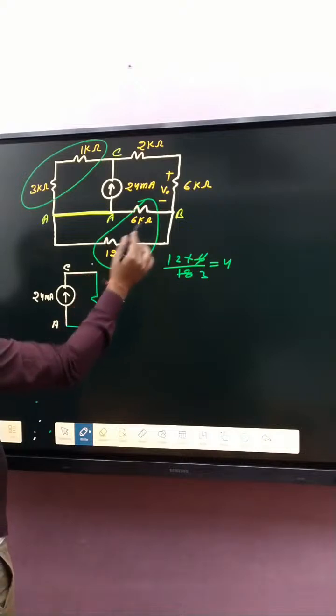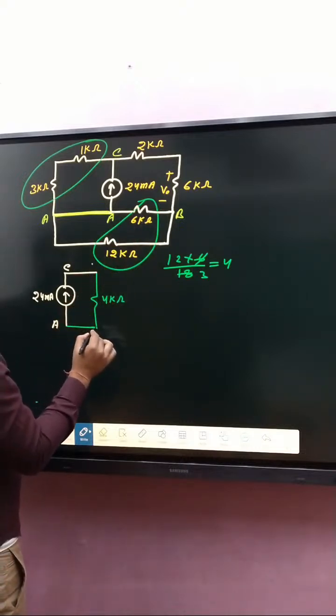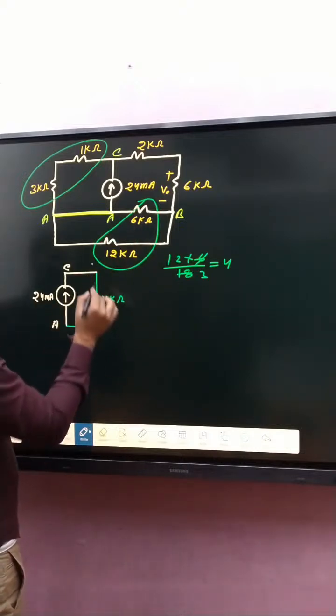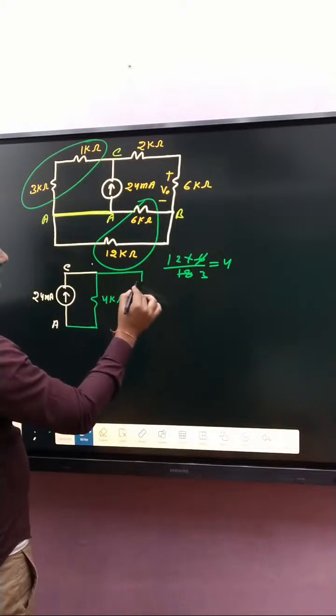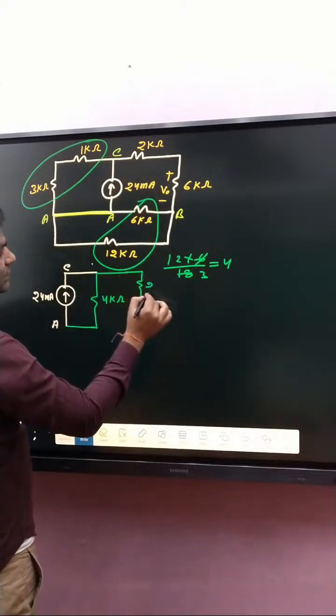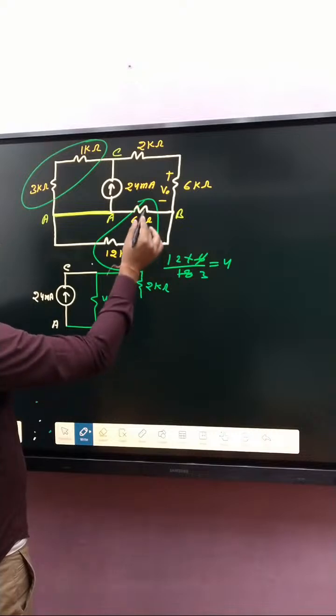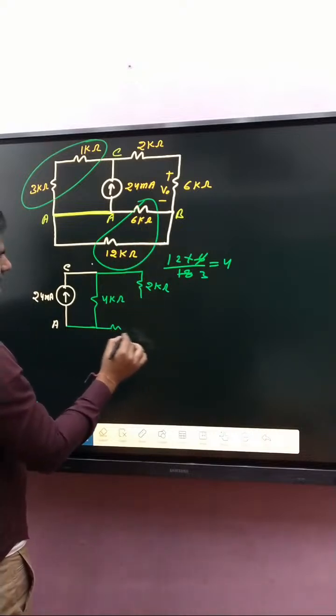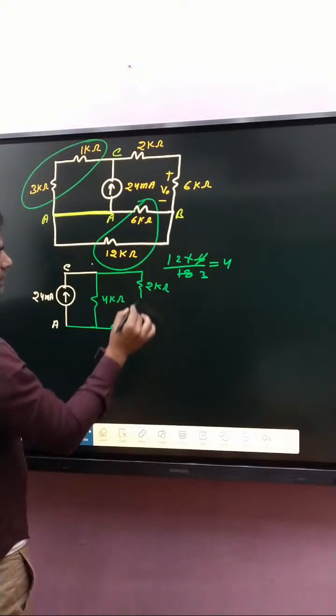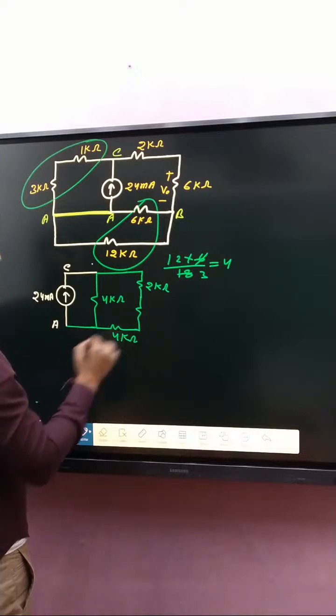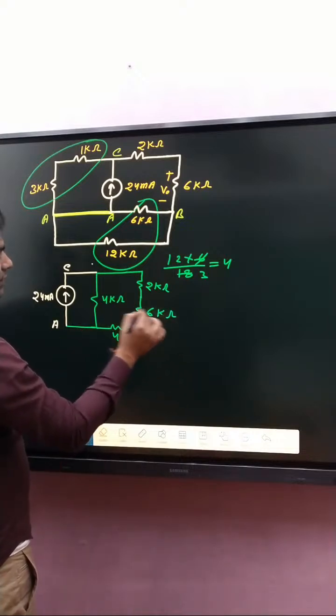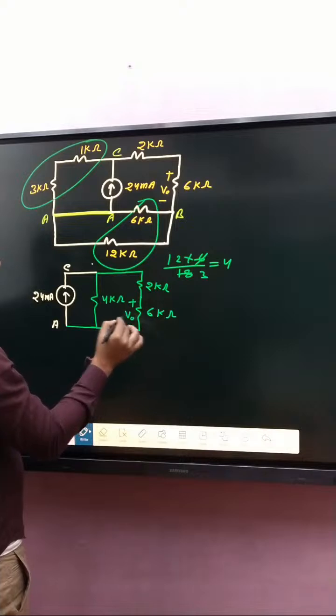So basically A to B is 4 kilo ohm. And that one is 2 kilo ohm, and that one is 4 kilo ohm, and that one is 4 kilo ohm, and what about that resistance? That is 6 kilo ohm, and our motto is to determine V naught.